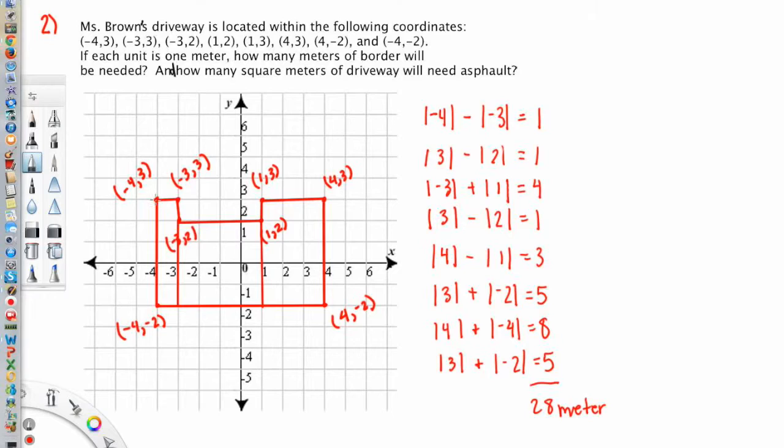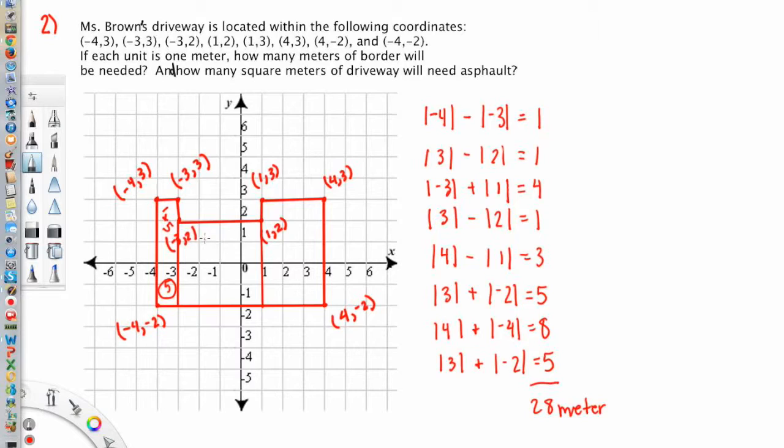We know that its width is from a -3 to a -4, and the absolute difference between those two will be 1. So it's 1 by, and then we're going from 3 above to 2 below. I'm adding the absolute values of those two together, which would give me 5. So this is a 1 by 5 rectangle, which would give me the area of 5, and I'll just circle that to keep track.